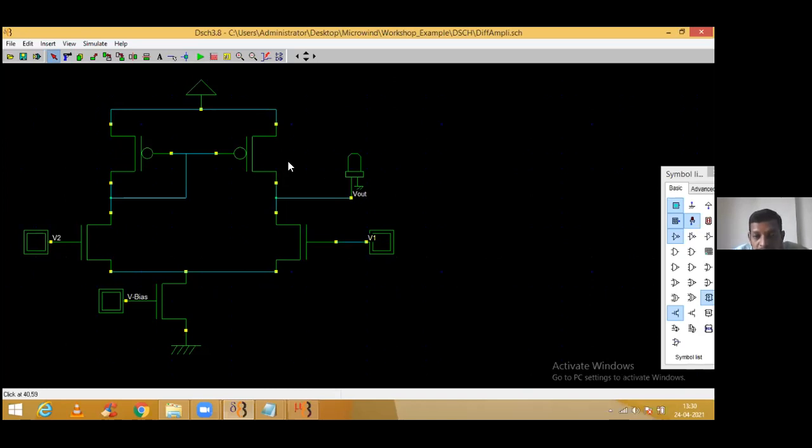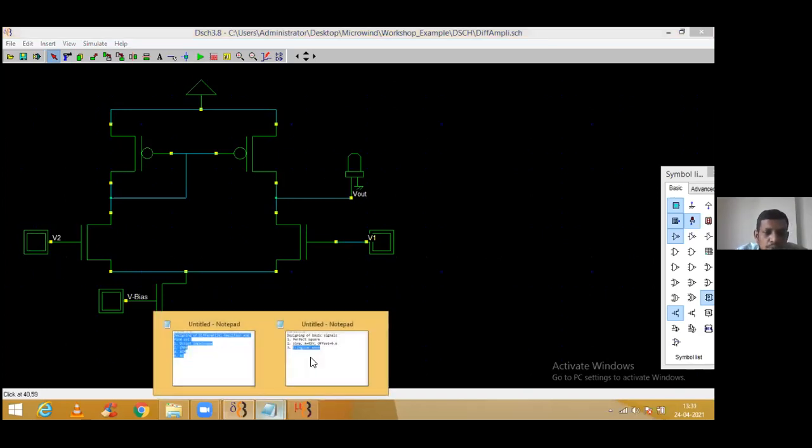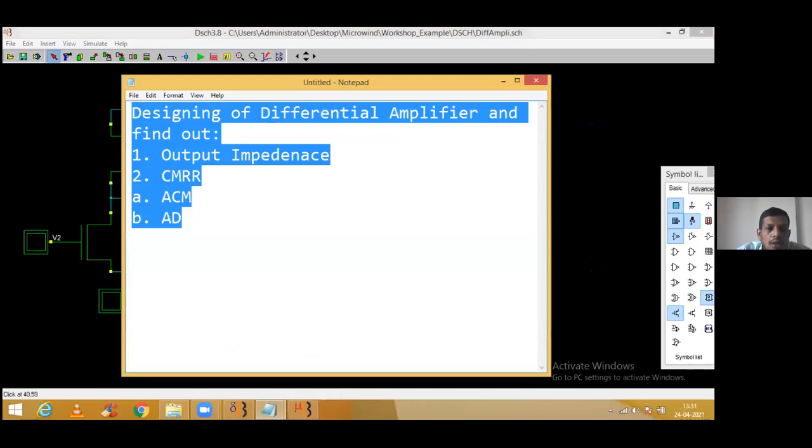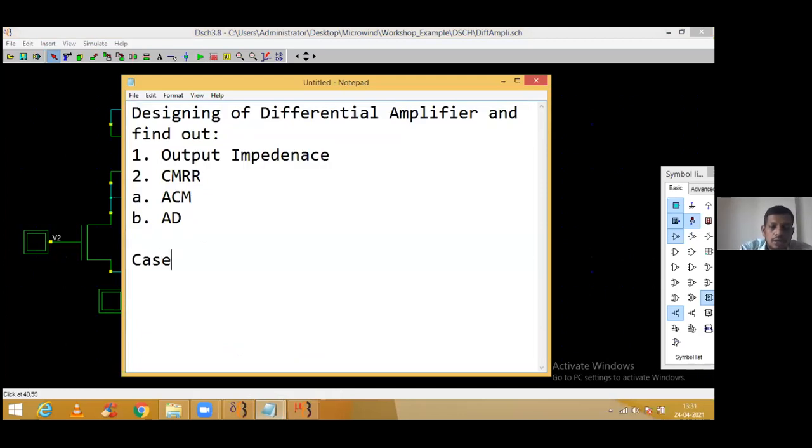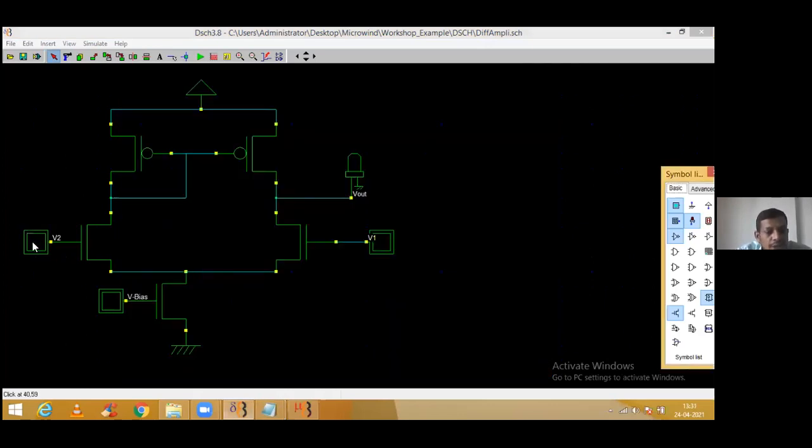Is it fine? Now, case number one, where V2 is exactly equal to V1. Whatever value of V2 I'm having, it is exactly equal to V1. Are you getting that one?